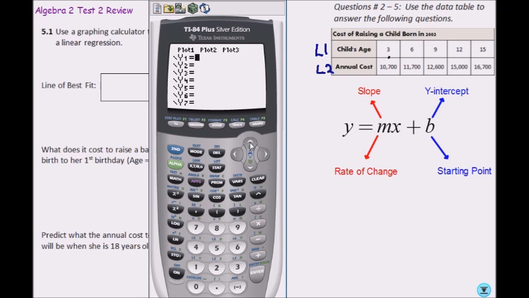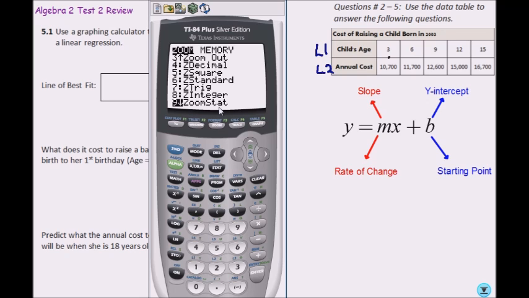But I have to tell it that it's doing a scatter plot, so I have to hit the arrow up and then hit enter. And what you'll notice is that the plot is now darkened out. So that's just telling the calculator that we want to do a scatter plot instead of graphing a regular line. You'll hit zoom, and then if you scroll down to number 9, which, by the way, you could just hit 9 instead of scrolling down, you'll see where it says zoom stat.